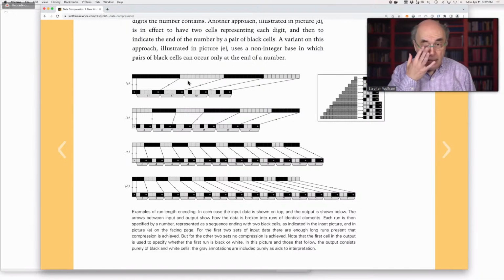And so what we're seeing here is these are cases where we're mapping a single black cell onto this sequence, a double black cell onto that sequence, and so on. And these are arranged to be self-delimiting, so that when we just stick these sequences together, we can decode where one of them begins and another one ends.